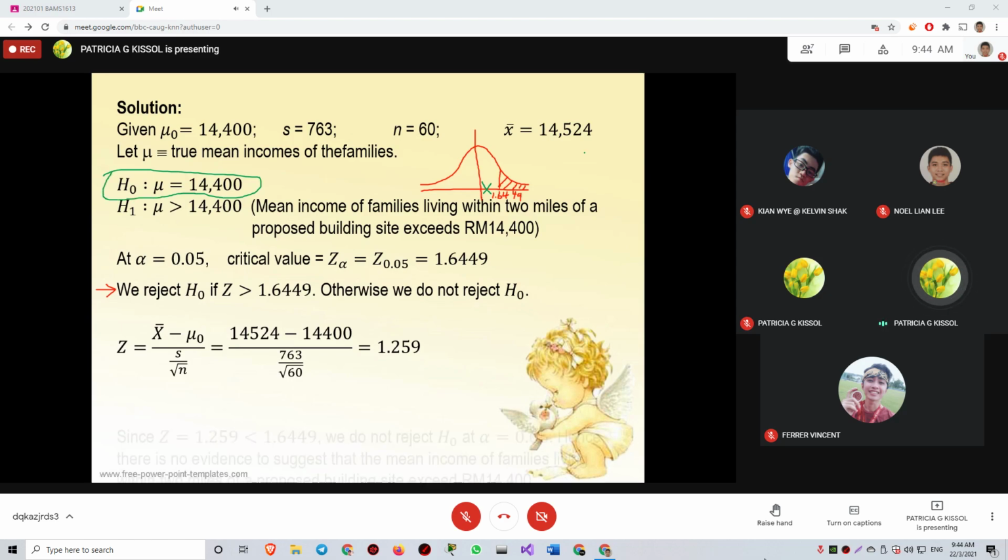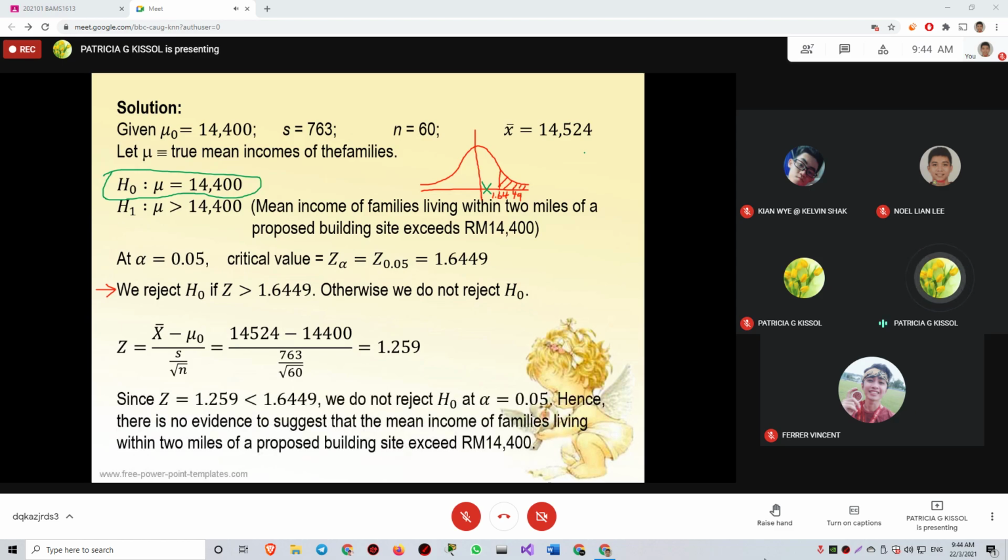And therefore, our conclusion is, since our Z is 1.259, which is less than 1.6449, we do not reject the null hypothesis at alpha equals 0.05. Hence, in conclusion, there is no evidence to suggest that the mean income of families living within the 2 miles exceeds 14,400.